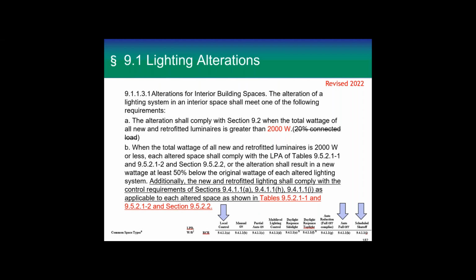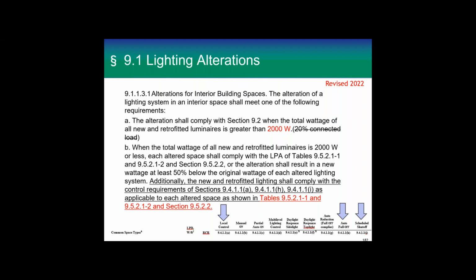This is B: when the total wattage of all new and retrofitted luminaires is 2,000 watts or less, each altered space shall comply with the lighting power allowance, which is how much power you can use for lighting, of tables 9.5.2 in section 9.5.2.2. People don't care about that because they're normally improving their lighting. Or the alteration shall result in a new wattage of at least 50% below the original wattage of each altered lighting system.